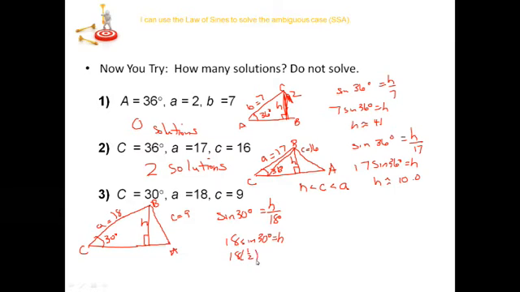So 18 times 1/2 equals h. 9 equals h. So what does that tell me? This is 9. This is 9. If the height equals the other side, well, this must be the other side. So this is just going to be a right triangle. Right triangle, there's only going to be one solution.